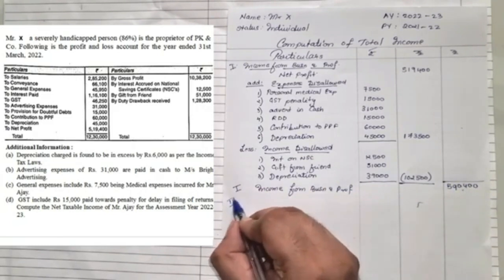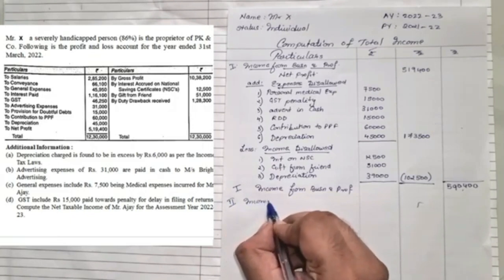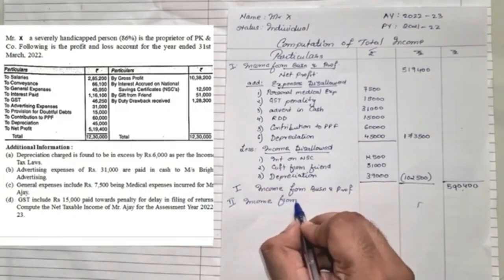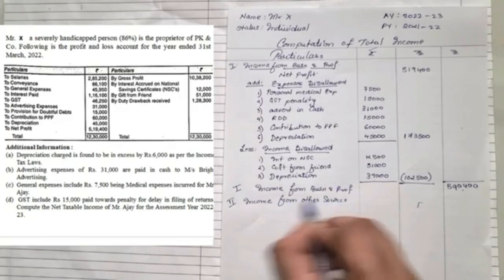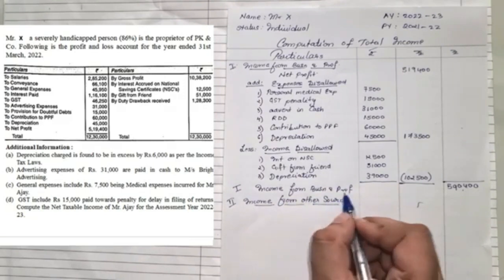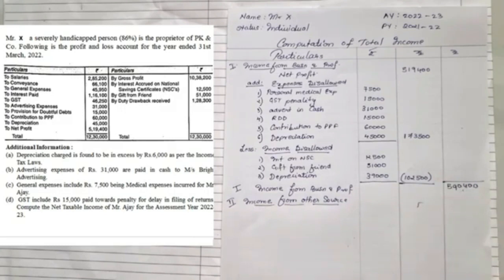Second, we jump to the second part now, that will be income from other source. Now income from other source, again we'll have to look at the income side. So I can see there is one NSE, and the second one was gift from friend. Now the rule is, if any non-relative is giving you gift more than 50,000, it will be fully taxable.